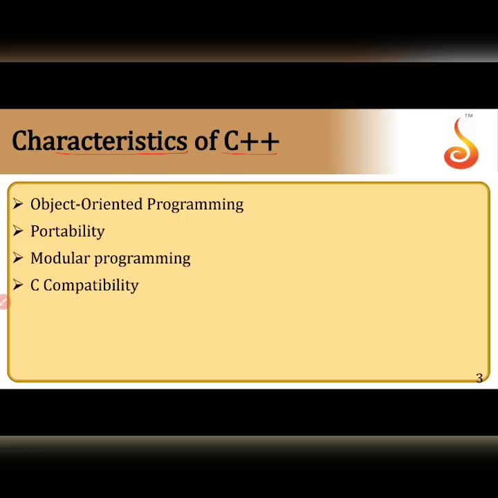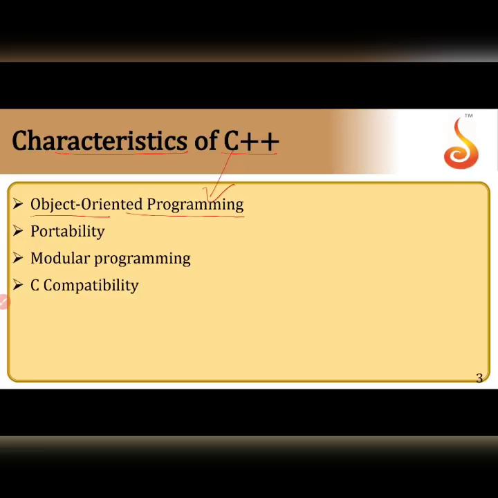So we'll start with characteristics of C++. So what do I mean by characteristics of C++? First is object oriented programming. When I say object oriented programming, the other two types are procedure oriented programming and structured programming. C++ falls under the object oriented programming category, which means that I can make use of object oriented programming concepts to write a C++ program.